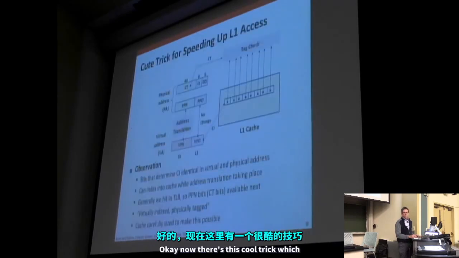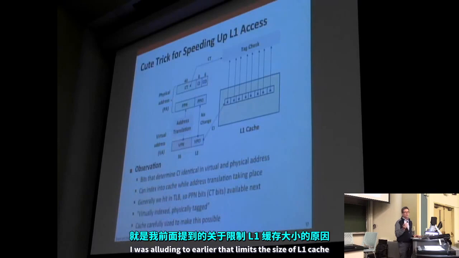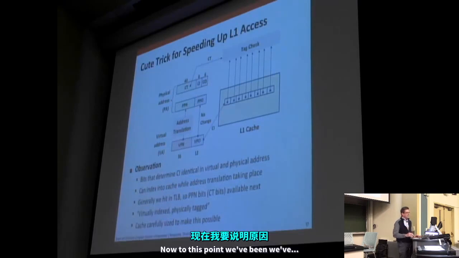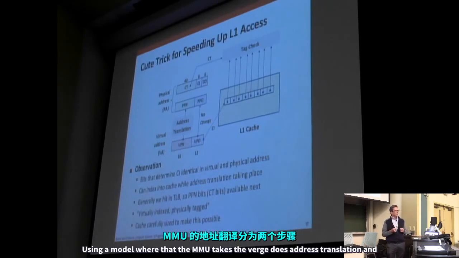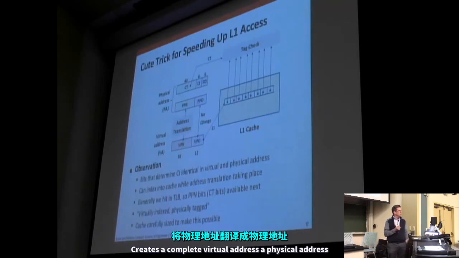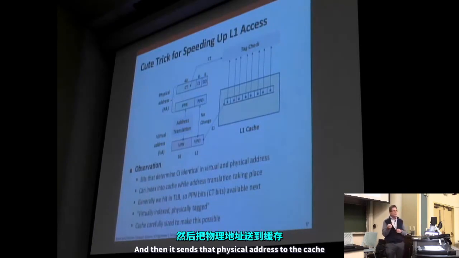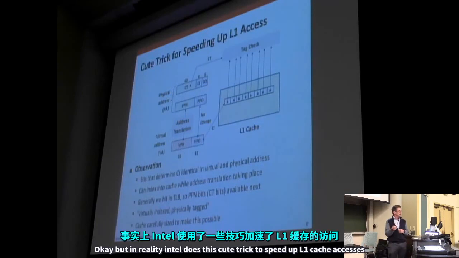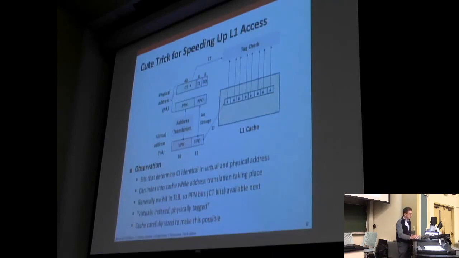Okay, now there's this cool trick which I was alluding to earlier that limits the size of the L1 cache. Now to this point we've been using a model where the MMU does address translation and creates a complete physical address, and then it sends that physical address to the cache. But in reality, Intel does this cute trick to speed up L1 cache accesses.